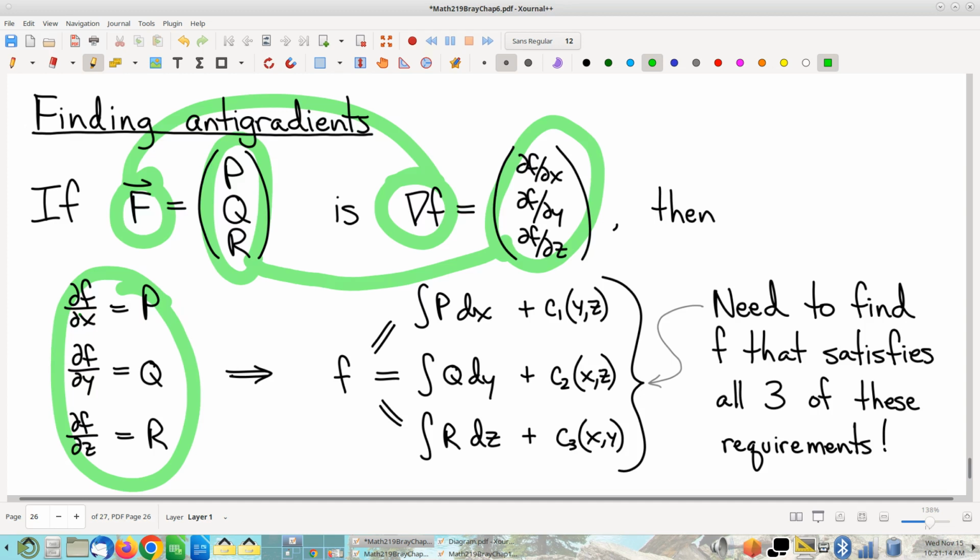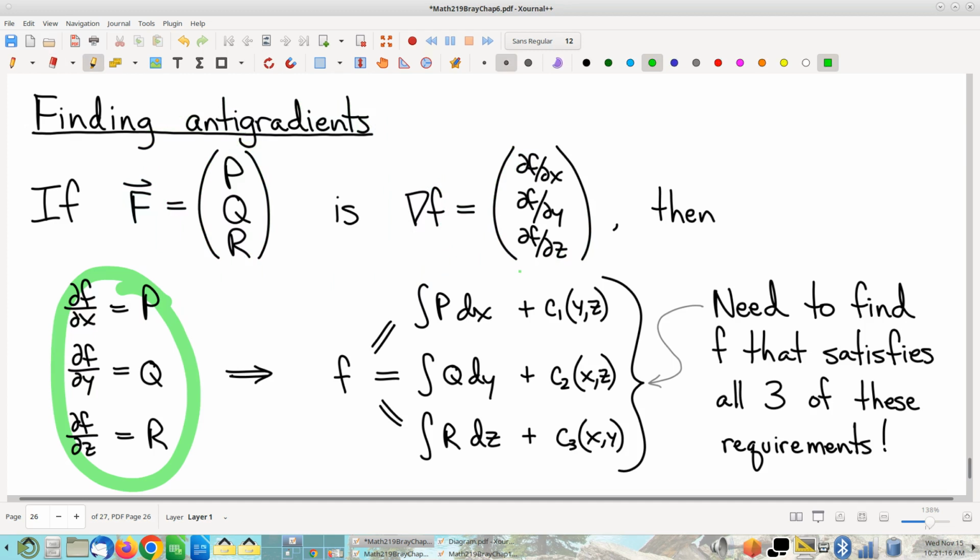Second observation is that if the partial derivatives have to be certain things, then f has to be three different partial antiderivatives. Again, that's just a grammar thing: P is the x partial of f is morally the same statement as f is an x antipartial of P.